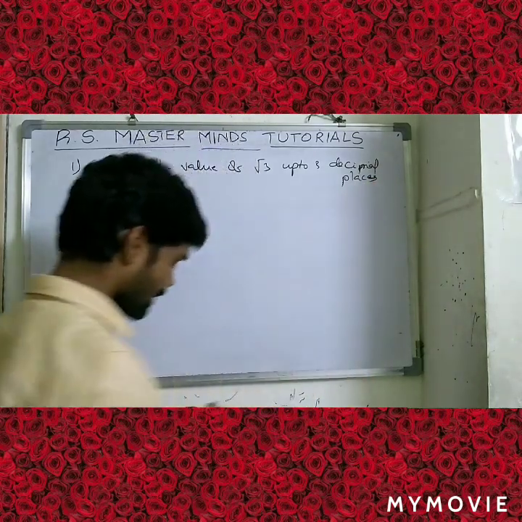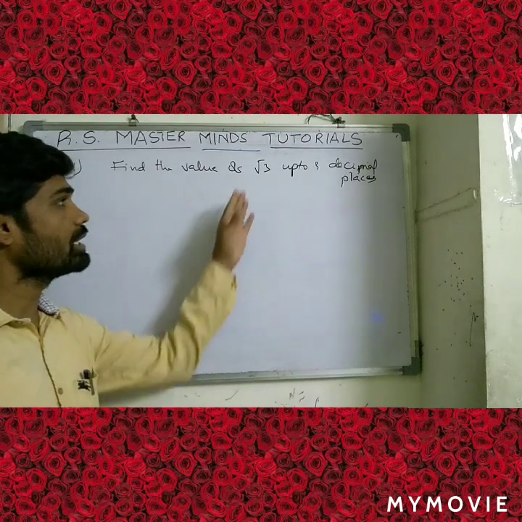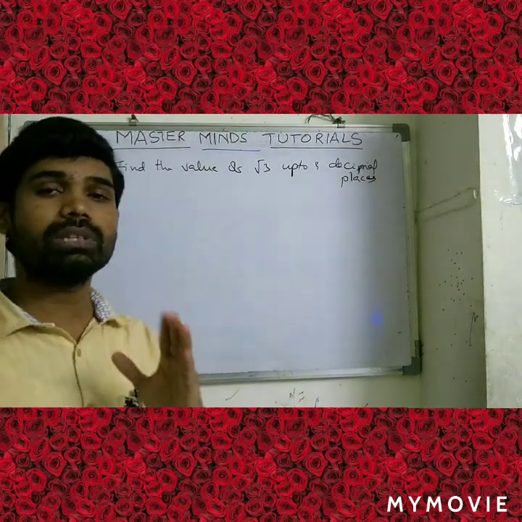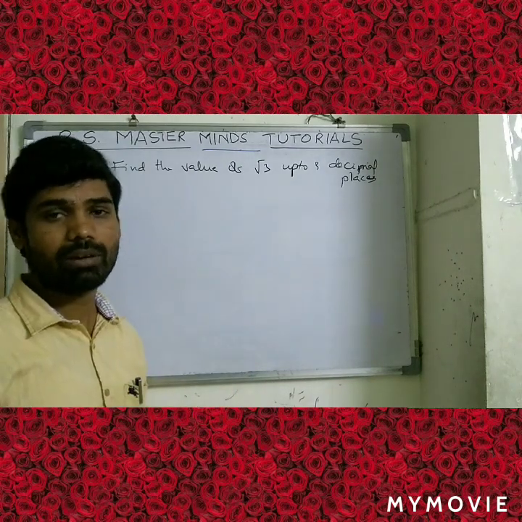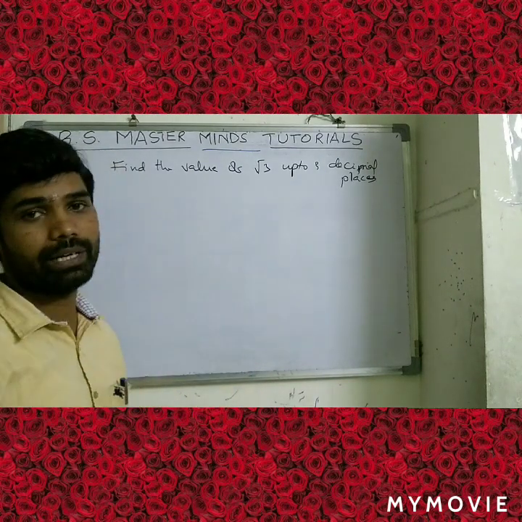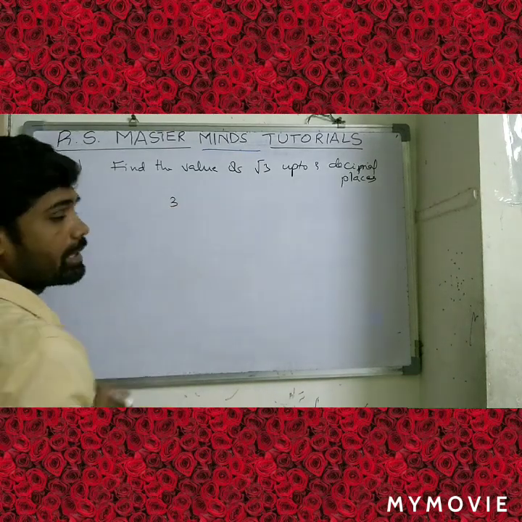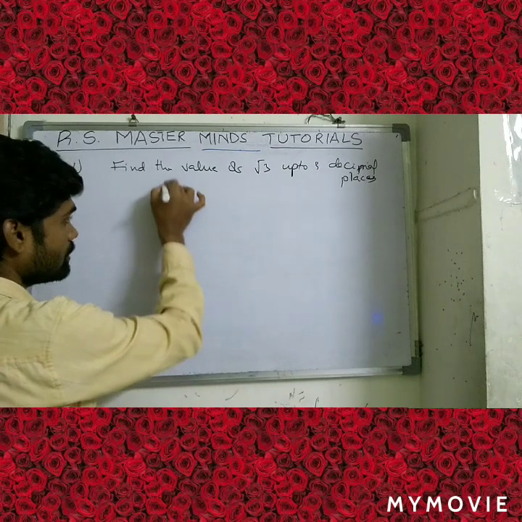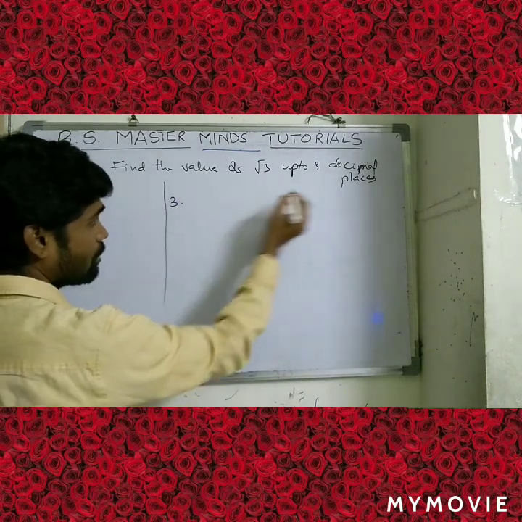So up to 3 decimal places. Here, root 3 is an irrational number. To find its value, let us use the division method. First, take 3, and after the decimal point, take pairs of zeros. How many?